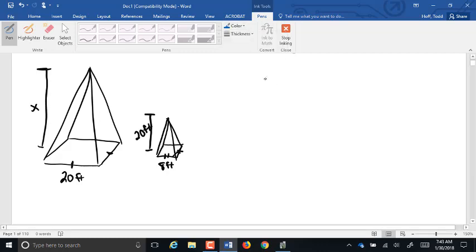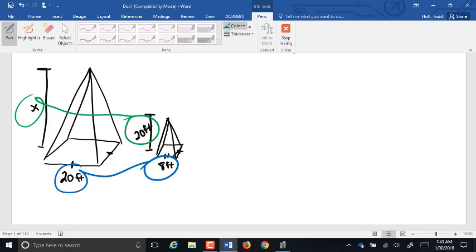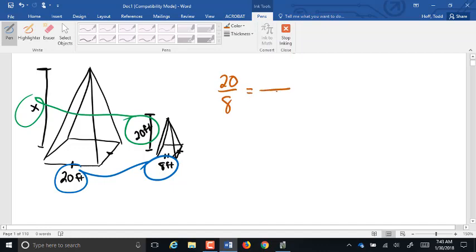I want to find the height of the bigger pyramid. What sides correspond here? The 20 feet and 8 feet are both the side of the base. And of course, we do have the X corresponding to the 20. The heights correspond. So we're going to start out with the 20 over 8 or 8 over 20. Doesn't matter which way we do it.